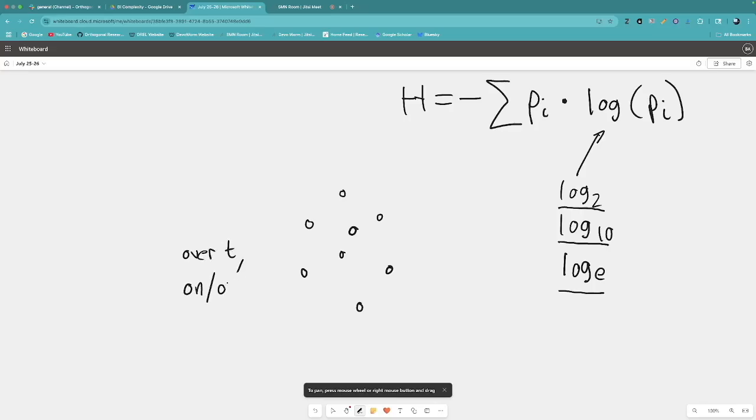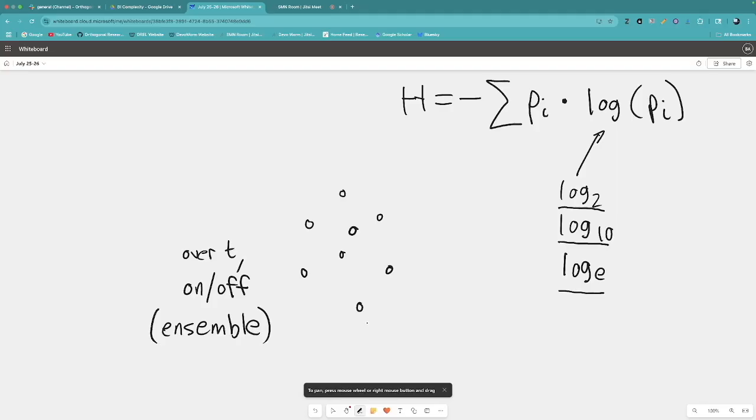We don't necessarily want to know if they're all on or all off. What we want to know in this ensemble is what is the pattern of on and off over time.